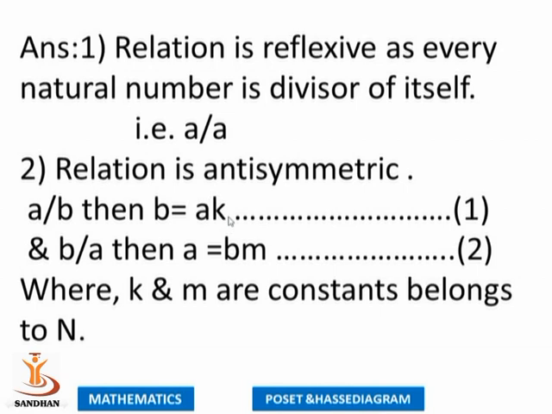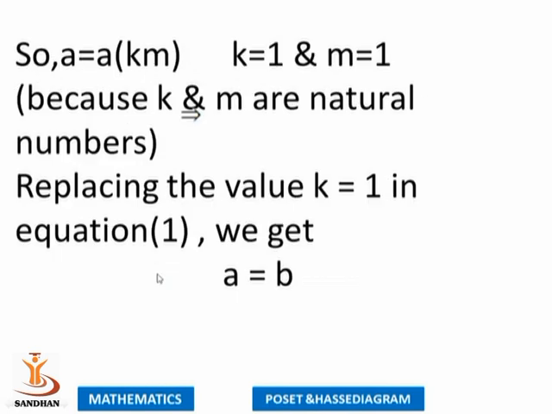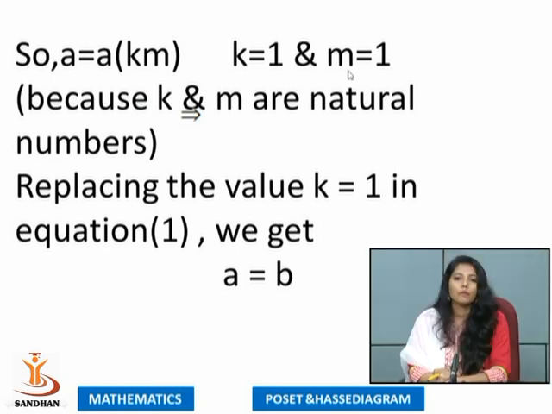So B is equal to AK, and for B divides A, we have A equal to B times M, where K and M are integers belonging to N. So from 1 and 2, we can say that A is equal to A times K times M. So here A is always nonzero because A is a real number. We have only one option, that KM is equal to 1, and also K and M belong to N. We have only one option here, that K must be 1 and M must be 1. So both K and M must be 1.